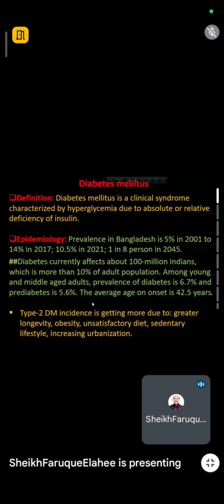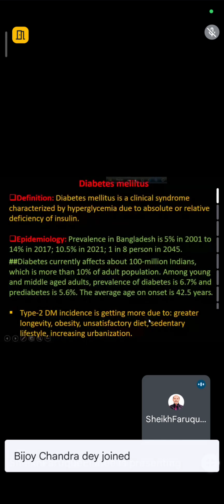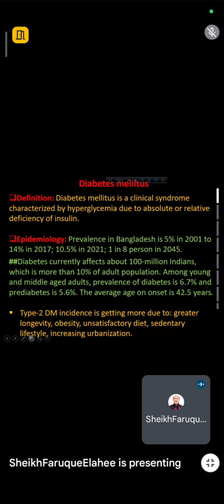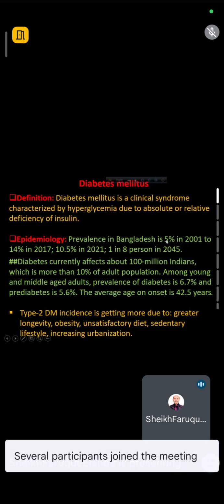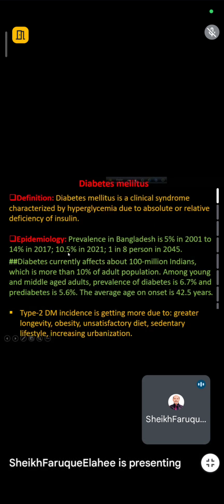We will discuss afterwards. Just we say that there is type 1, there is type 2. I will say what is type 2. Type 2 diabetes incidence is getting more due to greater longevity, because there was 5% of people having diabetes in 2001, then 10.5%, more than double in 2021.